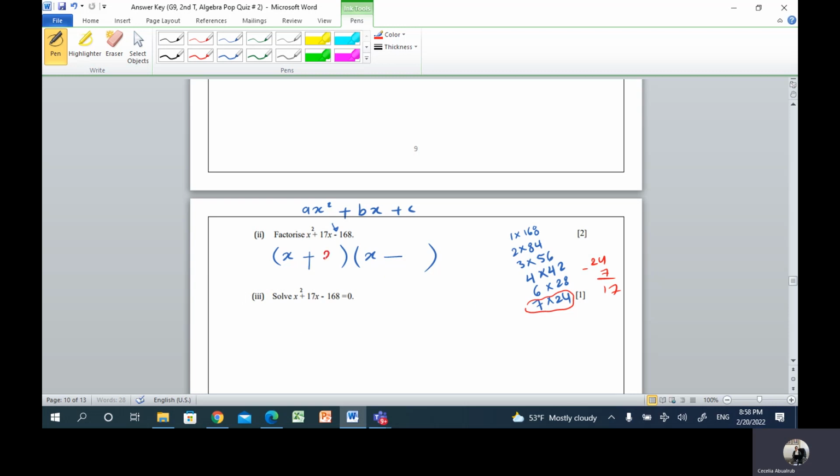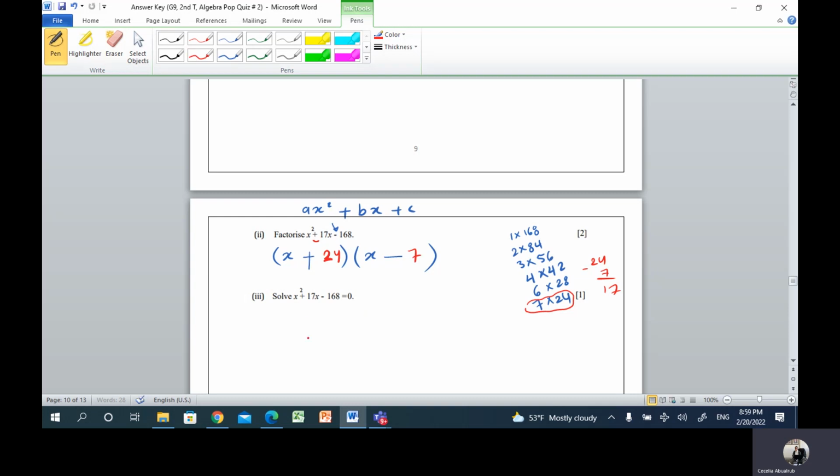Okay, shall I place the 24 here and the 7 here, or the 7 here and the 24 here? The sign of the middle term is positive, so the greater number will follow the sign of the middle term. So the correct answer is the 24 is after the addition, and the 7 is after the subtraction sign.